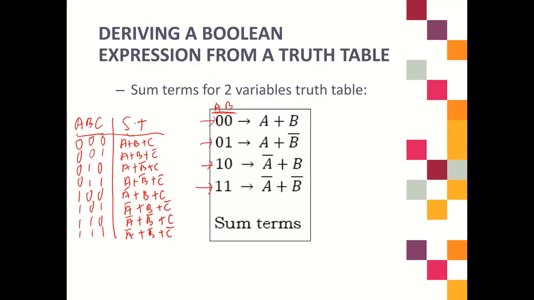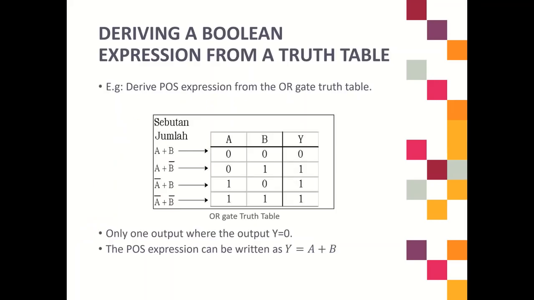Okay, so now I show you the example of how we can derive the POS expression. This is the example of a truth table, which is the OR gate truth table, and this is the sum terms, or sebutan jumlah, here.